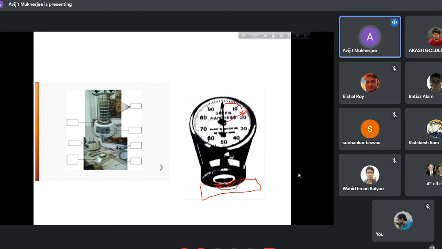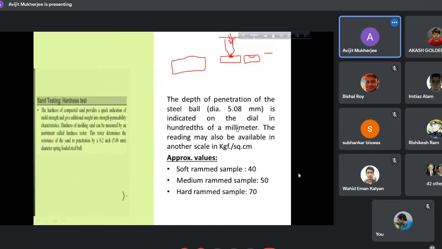So from this pointer you get a direct reading, in kg force per square centimeter. To indent to a particular extent, how much kg force is needed per square centimeter? Compare different samples, and you get some idea which one is softer and which one is harder.